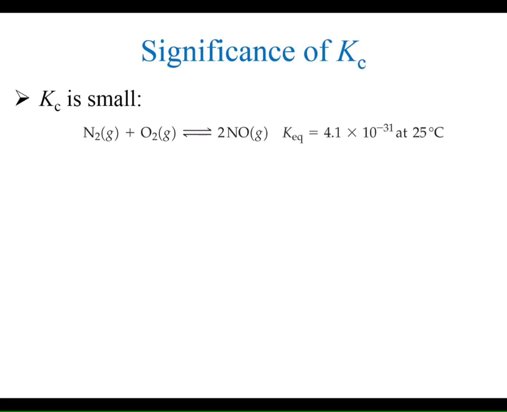So if K is small, less than 1, we must have more reactants compared to products. You can reason that out mathematically. A big number means a bigger numerator. A small number means a larger denominator. So a big K means more products, and a small K means more reactants. Does that make sense?